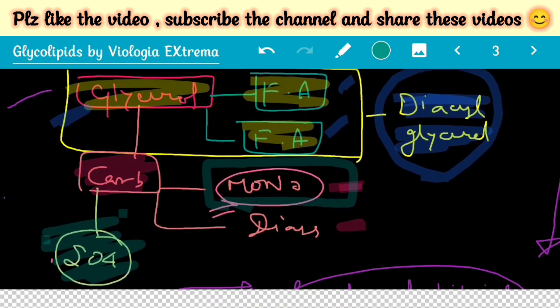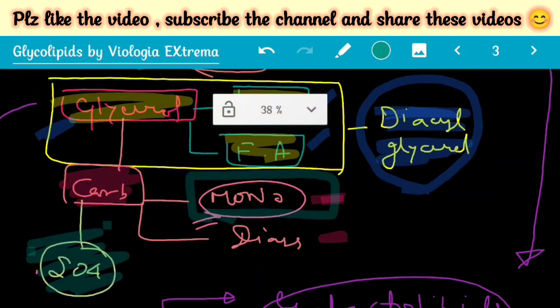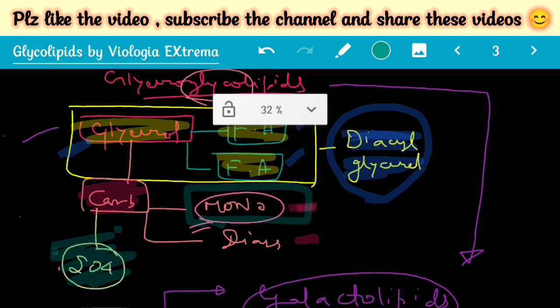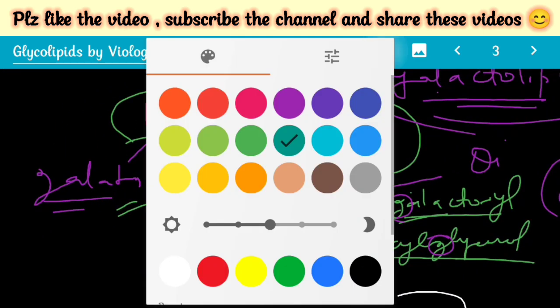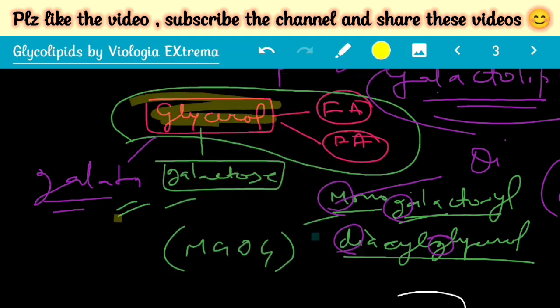So let's start. This structure is basically called glyceroglycolipids. Let's say this is our glycerol molecule, to which two fatty acids are attached, so we refer to it as diacylglycerol. Now I need to add a carbohydrate.